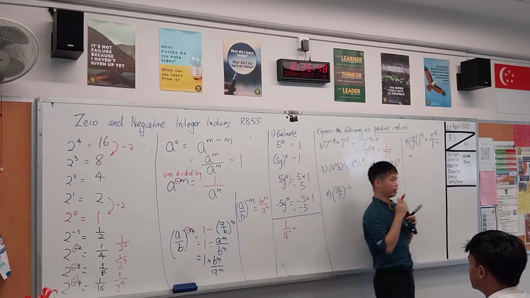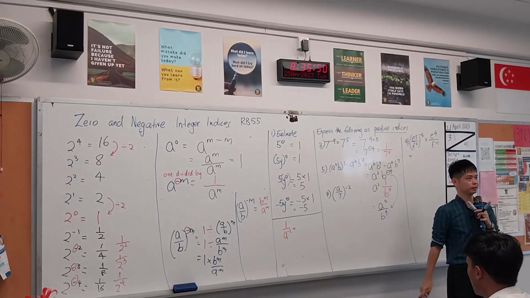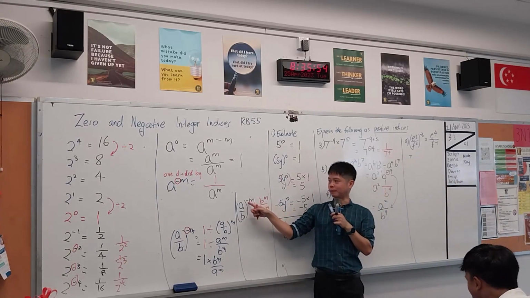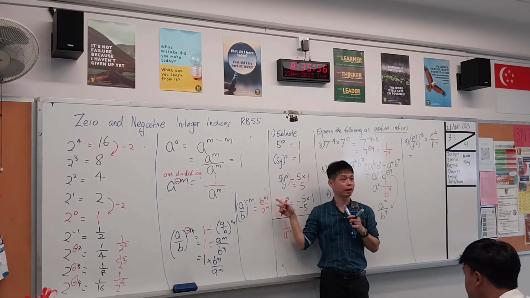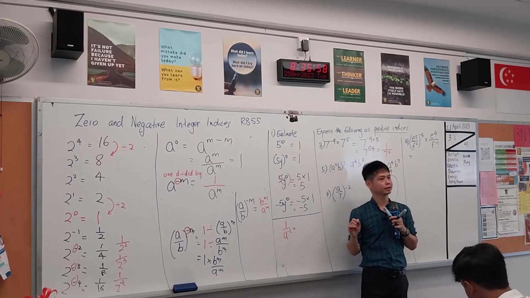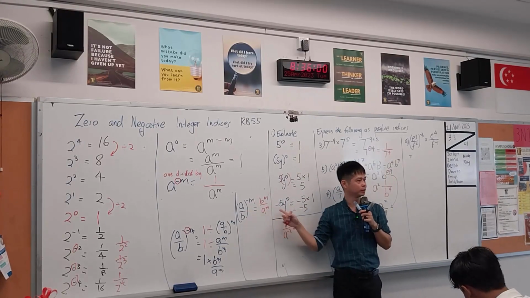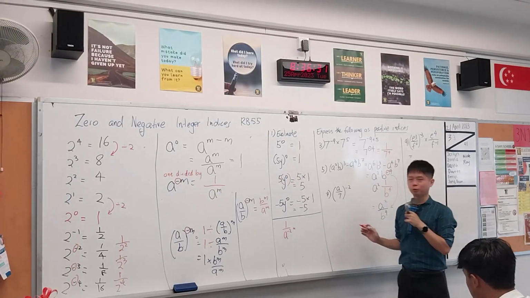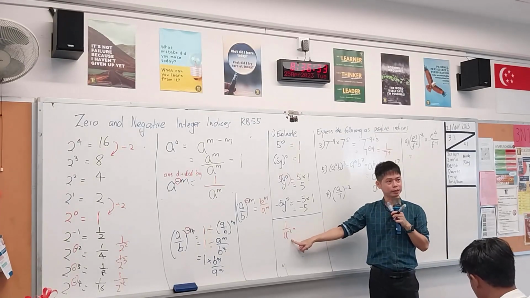Okay, so now your job is to memorize. How do I memorize this? Okay, I have to change the minus to a positive power, right? What will happen to the bracket inside? Look at what happened. Cannot flip it. Okay, let's try. Why do we need to do this? Again, let's look at this.